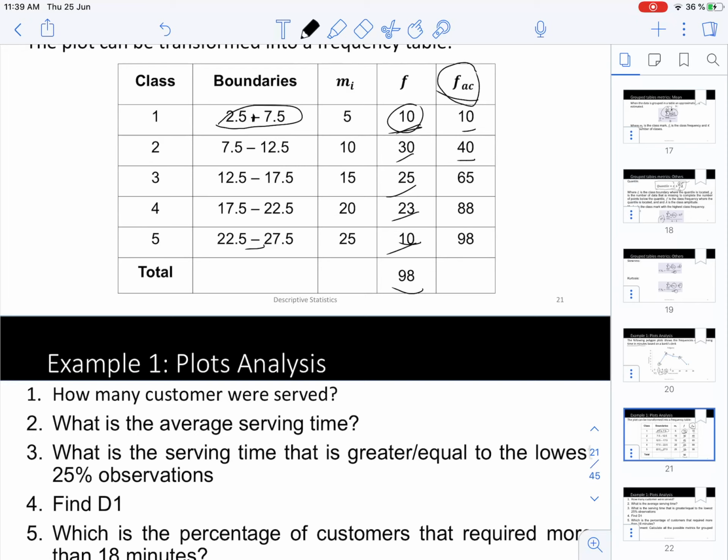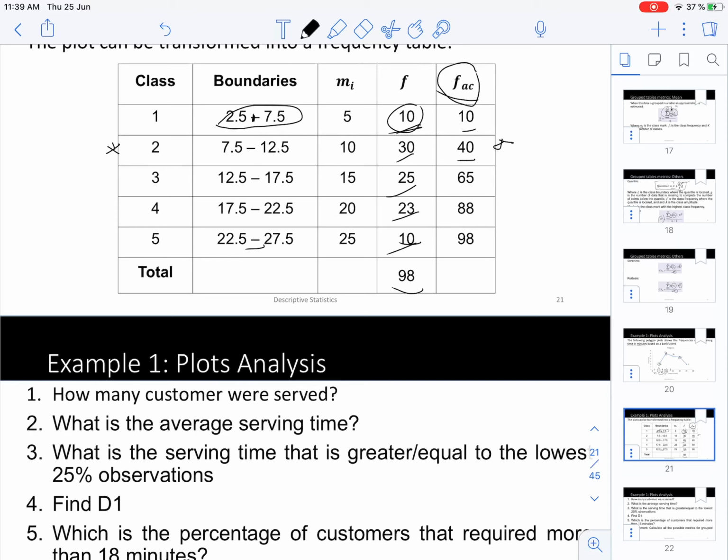So there are 30 positions in total from 11 to 40. And we can keep going, right? So we need to find position 24.75. It's located in the second class, right? It's not in the first one. In the first one, there are only 10 positions. Therefore, position 24.75 is in the second one because we have from 11 up to position 40.